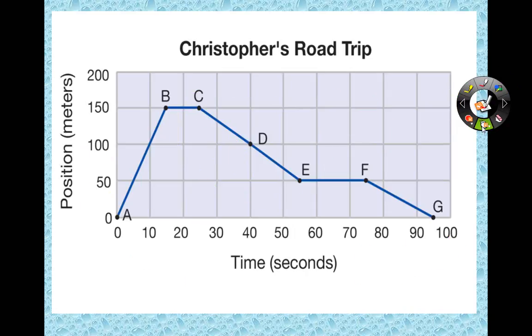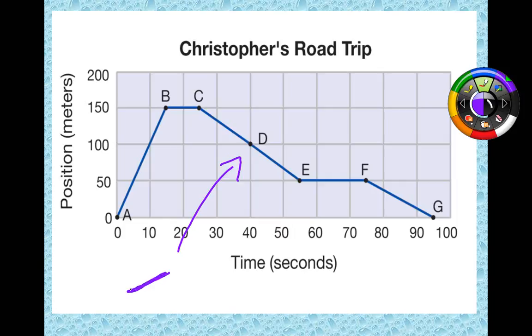The slope of the line here tells us it's sloping downward. The downward position is negative. That tells us that he's going in a negative direction, which could be any of these possibilities. North is positive.